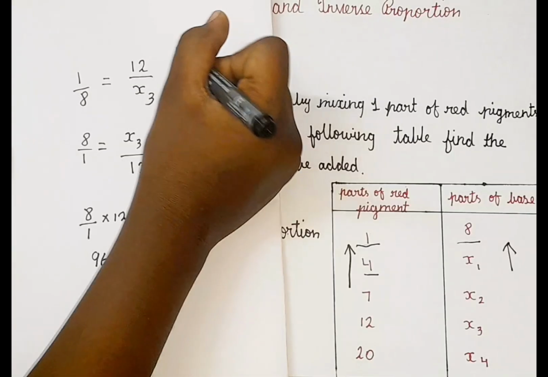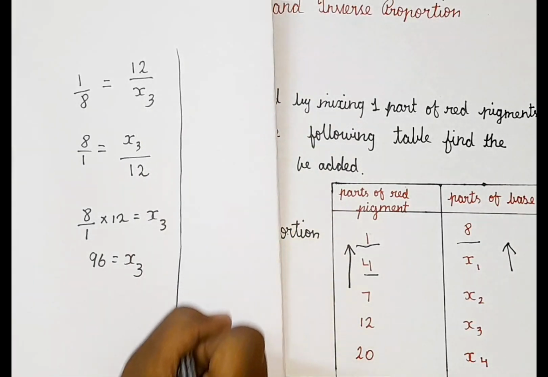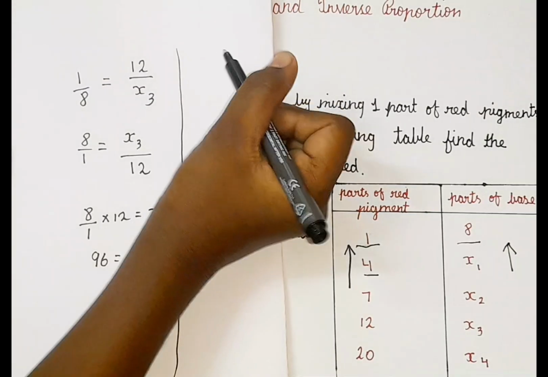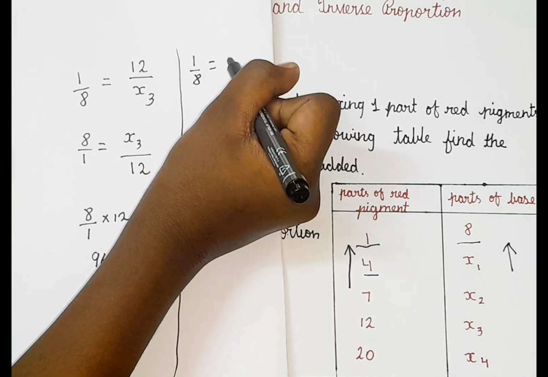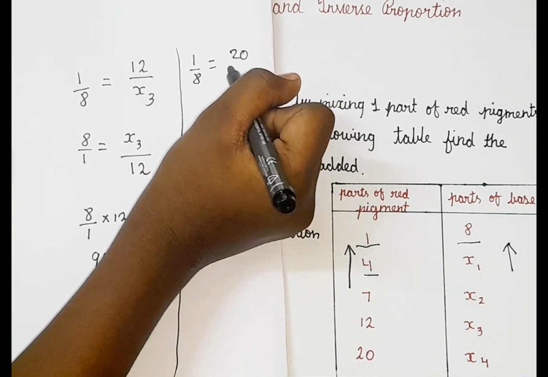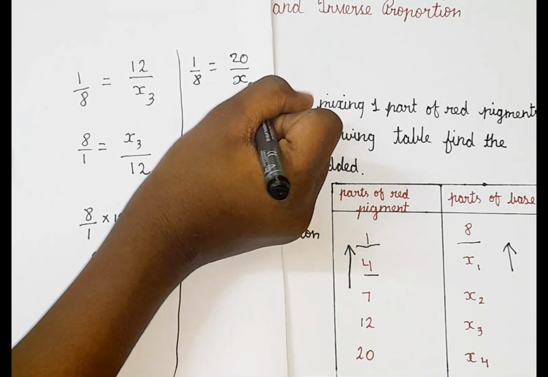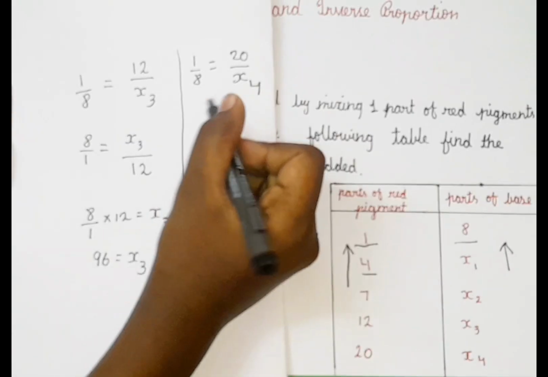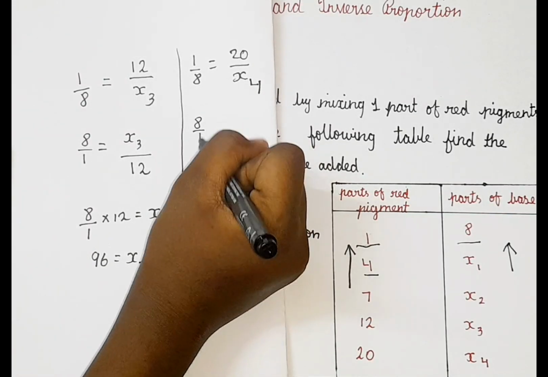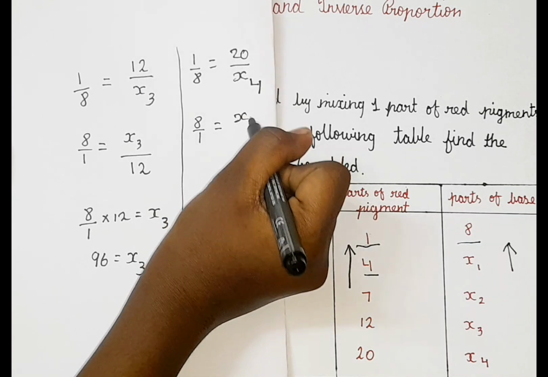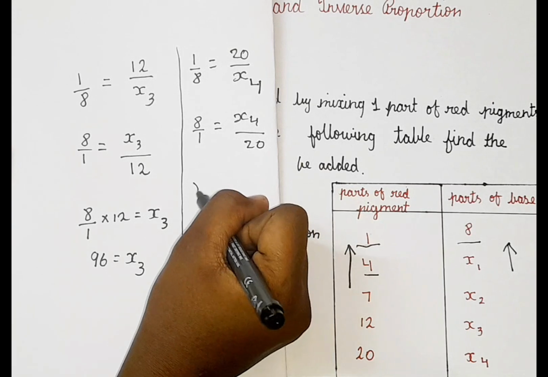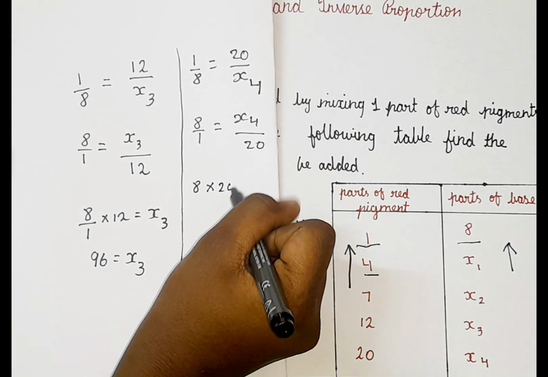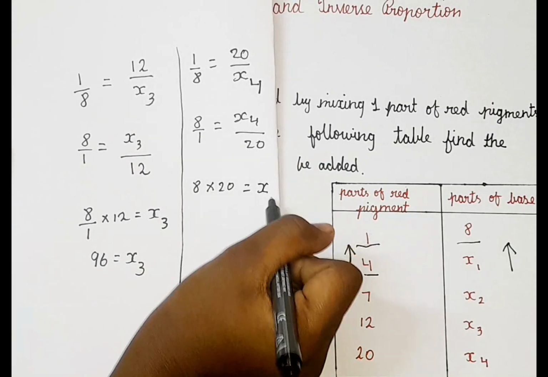Now we shall find the value for x4. For x4 also I will write 1 by 8 is equal to 20 by x4. Now 8 by 1 is equal to x4 by 20. Now you know 8 into 20 is equal to x4.